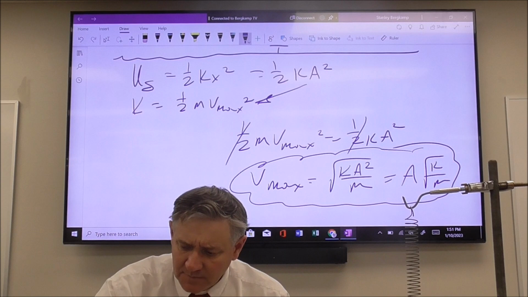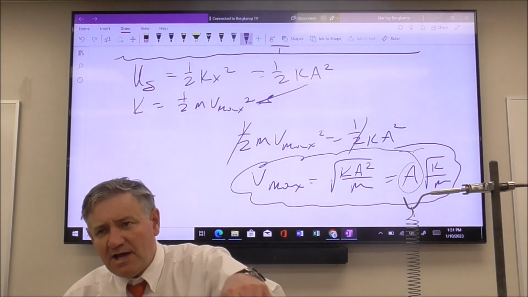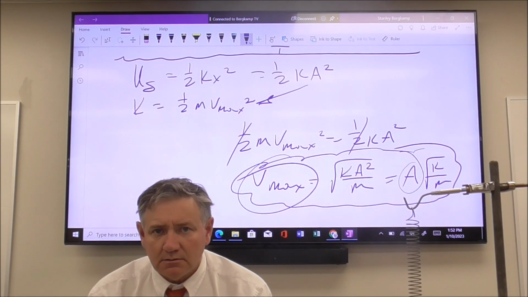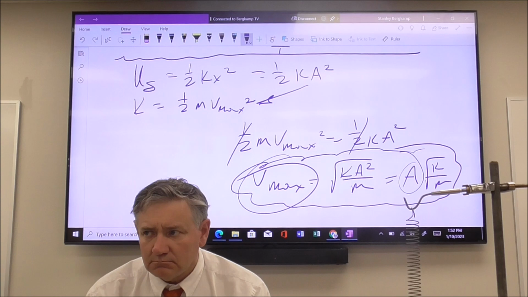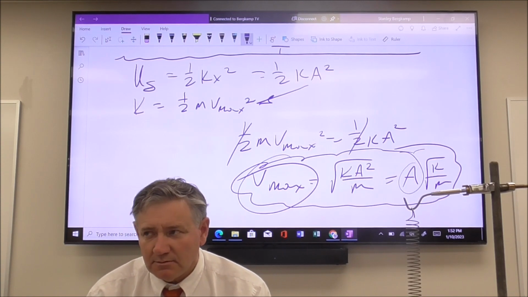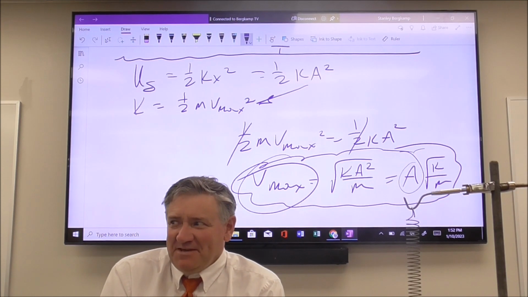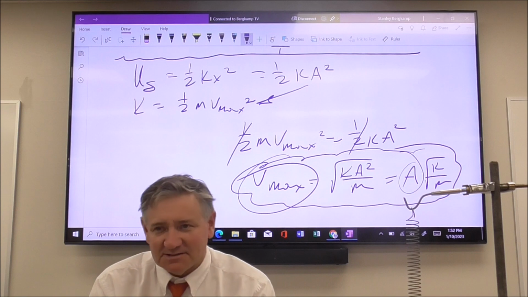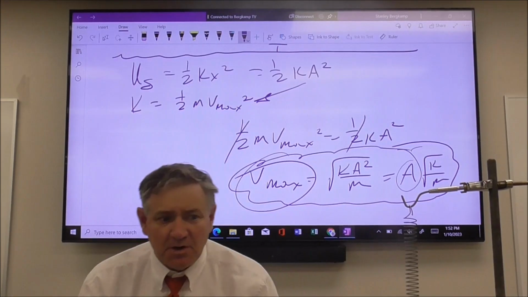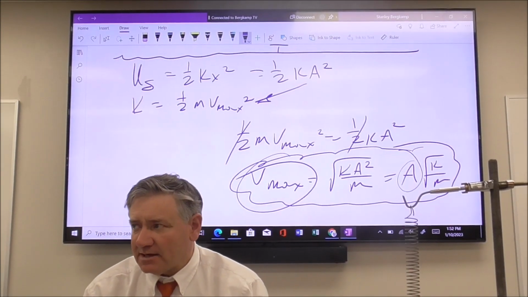But think this through. If I don't have any amplitude, what's my v max going to be? If I have no amplitude, it's going to be 0. I don't have a v max because it's not moving. Now, if I have just a little bit of amplitude, what's going to happen to my v max?